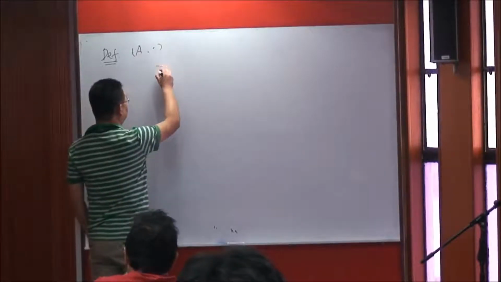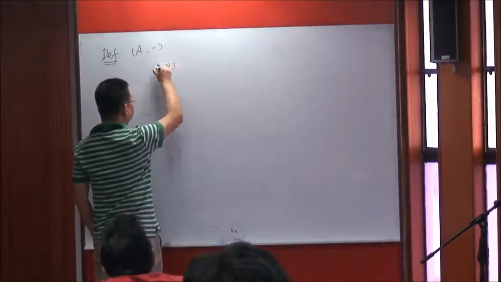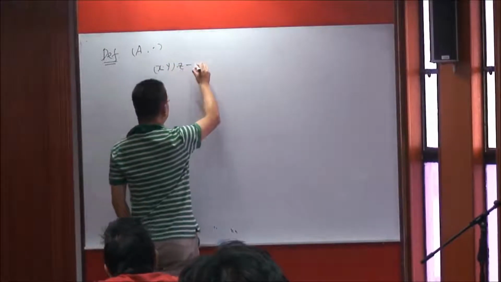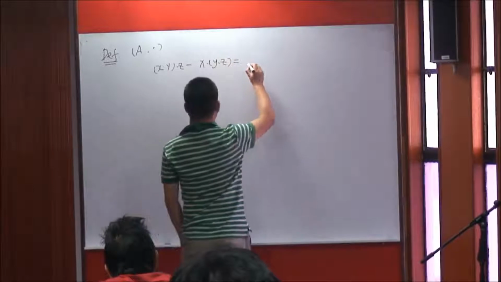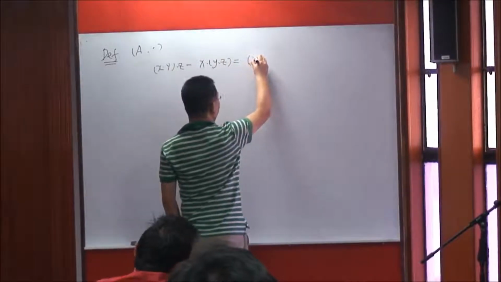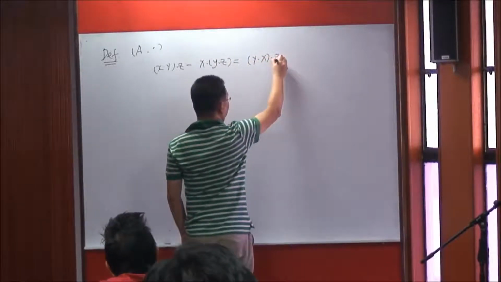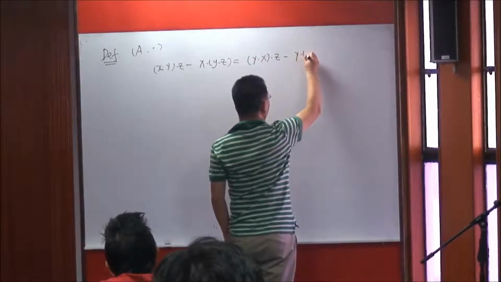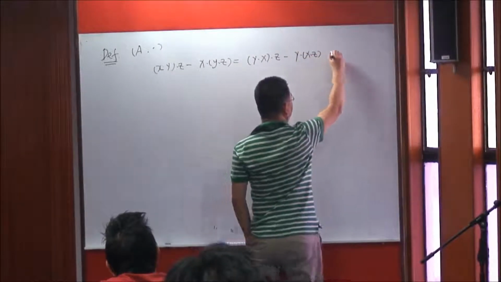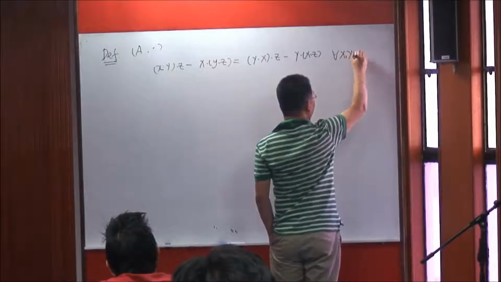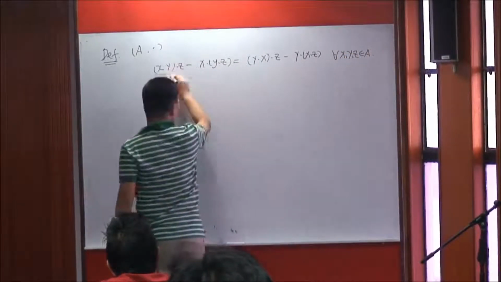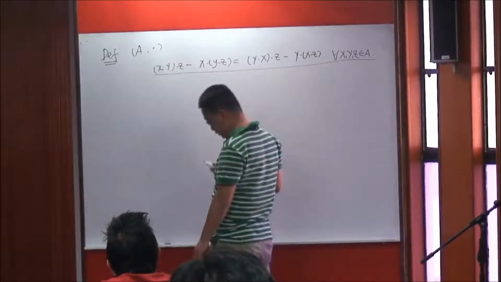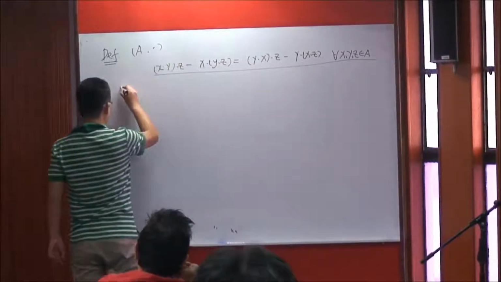It's only one identity. It's only this identity. This is called pre-Lie.